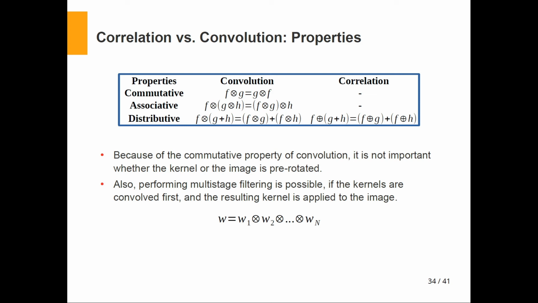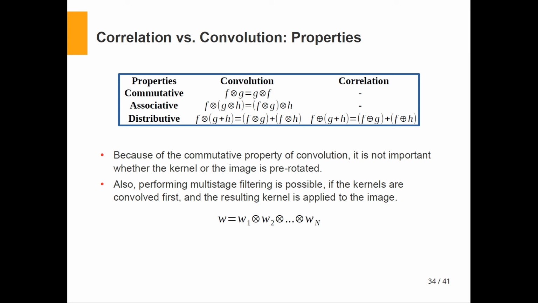And finally, we have the distributive property, which is common in both correlation and convolution, which basically says that we can distribute the convolution and correlation over summation. Because of the commutative property of convolution, it is not important whether the kernel or the image is pre-rotated.